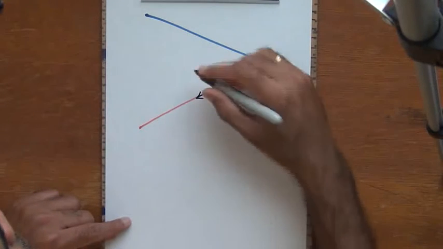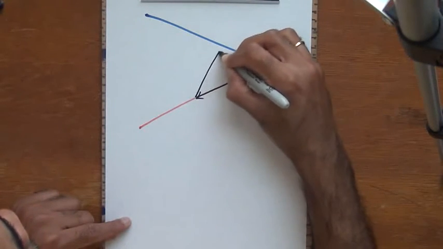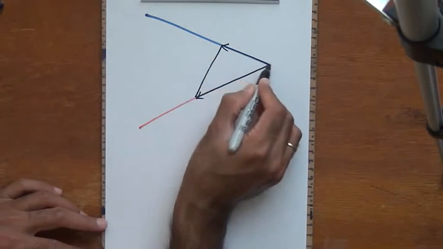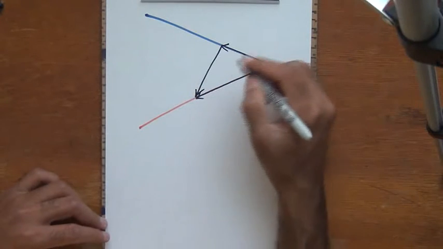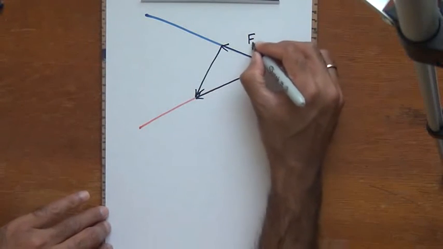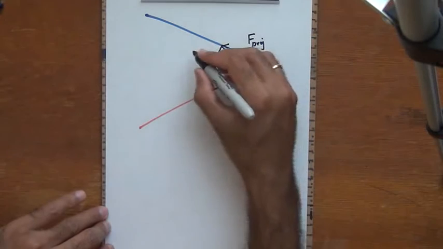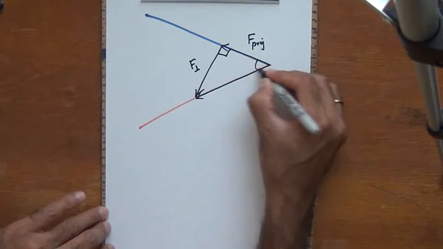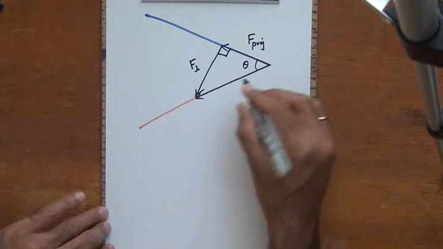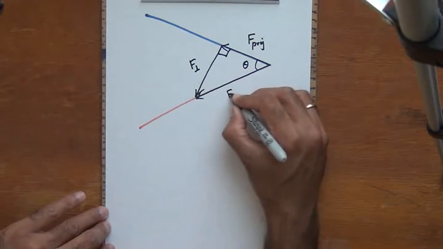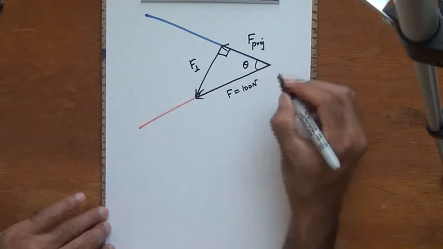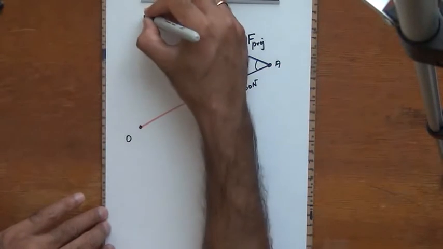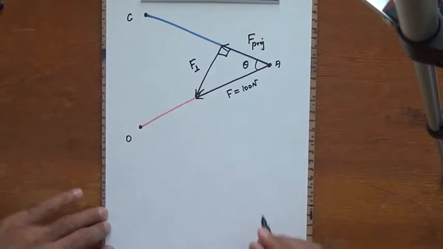Right, so this is the force vector. Then I drop a perpendicular and I get the projection vector and I get the perpendicular vector. So this is going to be F projection, then this is going to be F perpendicular. This is a 90-degree triangle. This angle here is theta, and then this is the force vector F, whose magnitude is 100 newtons. Here is the point A, here is the point O, and here is the point C.